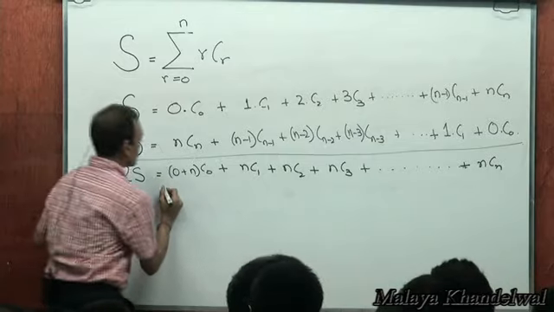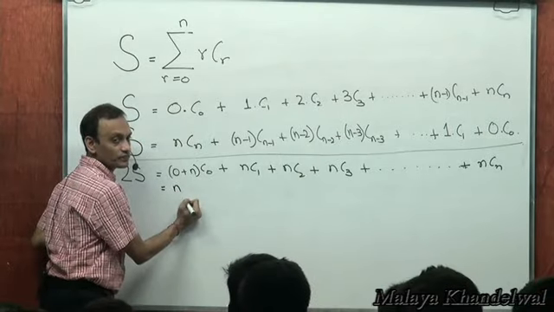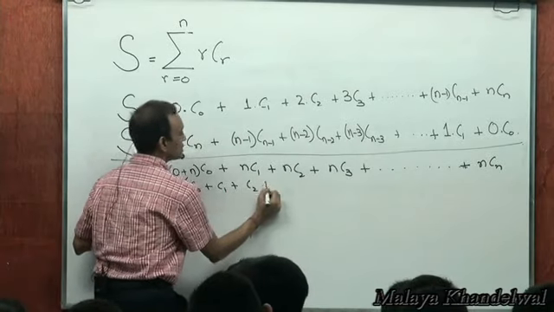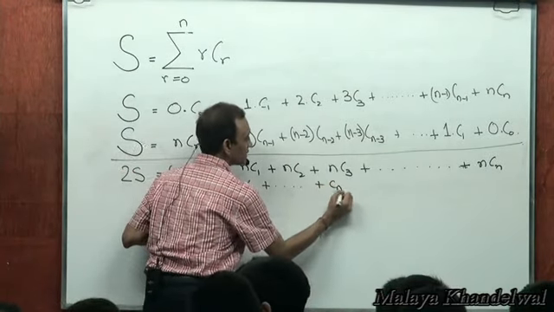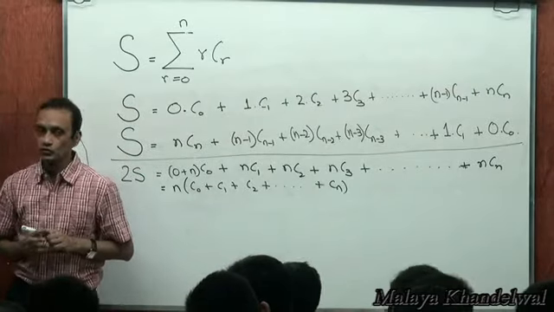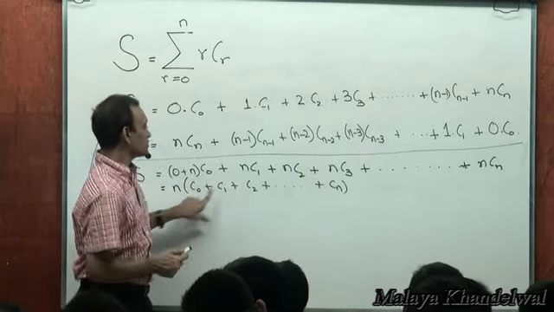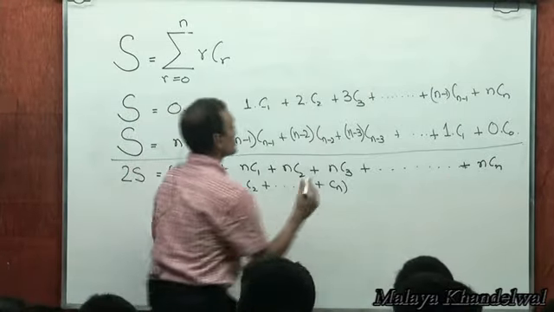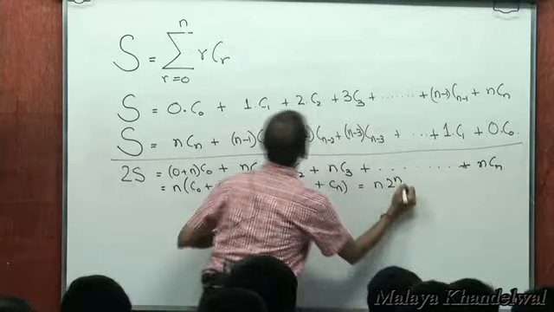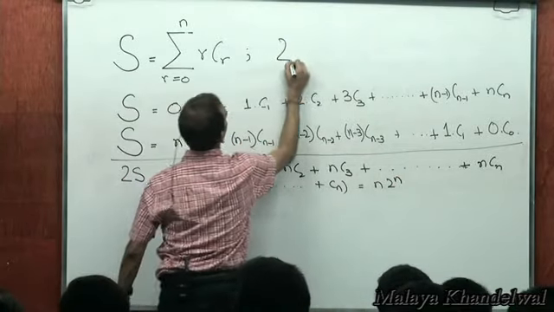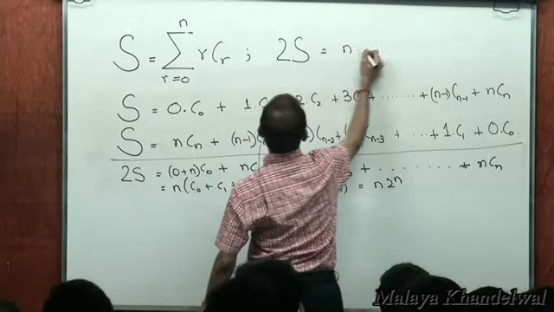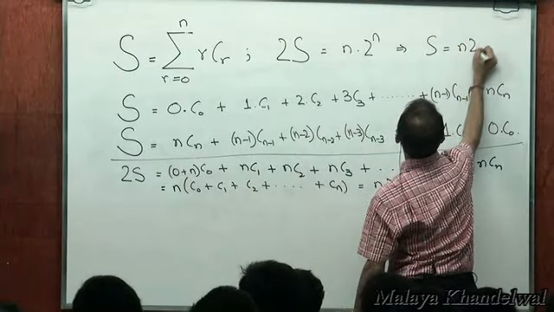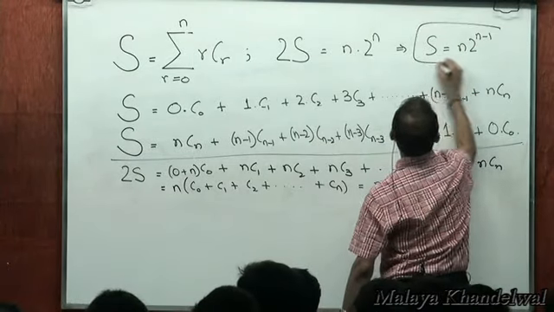Now I take n common from this and I get C naught plus C1 plus C2 plus Cn. Yes or no? But C naught plus C1 plus C2 plus Cn is what? 2 to the power n. So this is n into 2 to the power n, which means 2S is n into 2 to the power n, or S would be n into 2 to the power n minus 1.